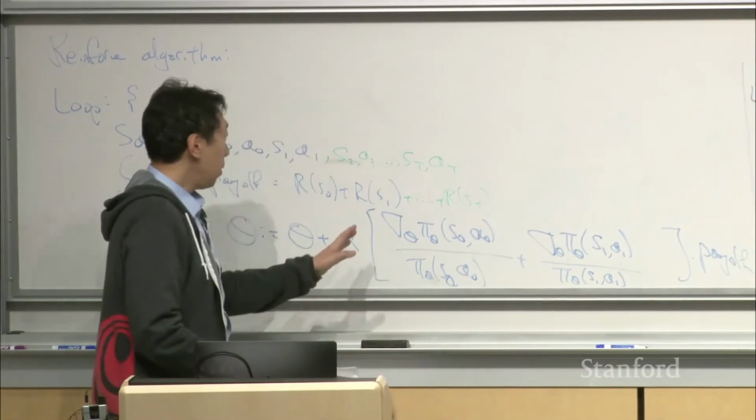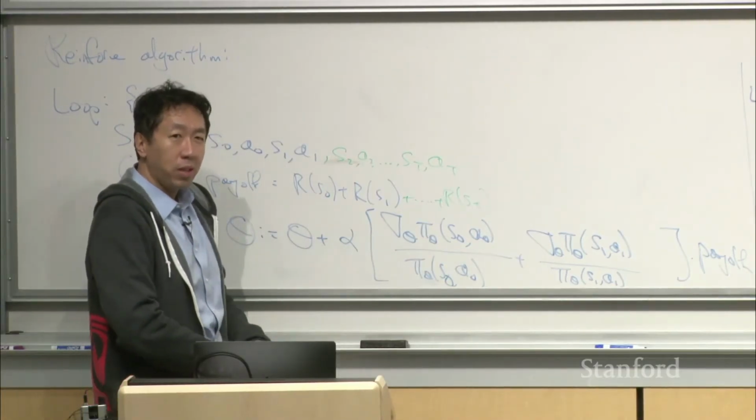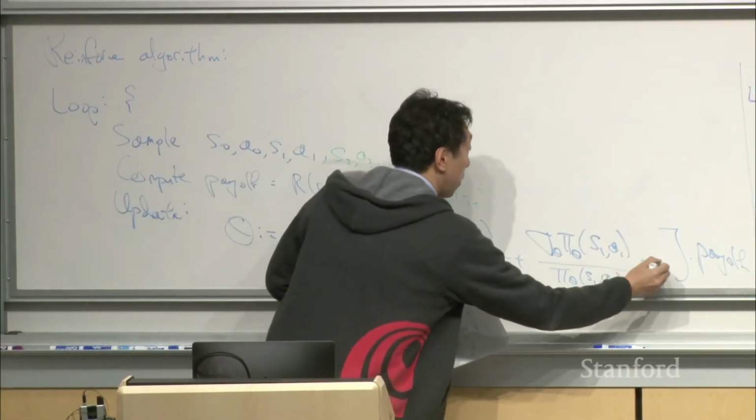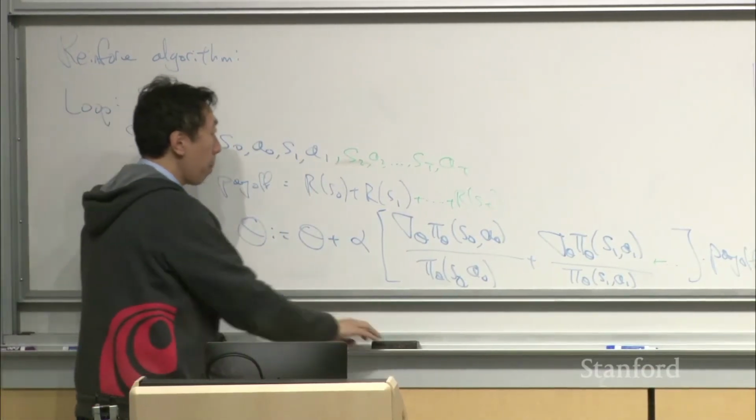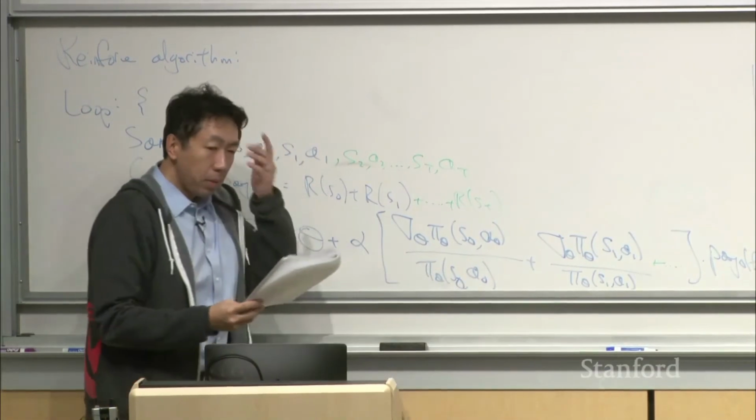And again, I'm just setting capital T equals 1. If capital T was bigger, you would just sum this all the way up to time t. Okay? So that's the algorithm.